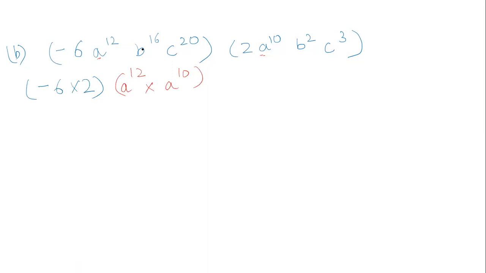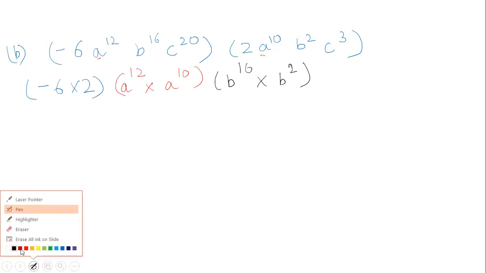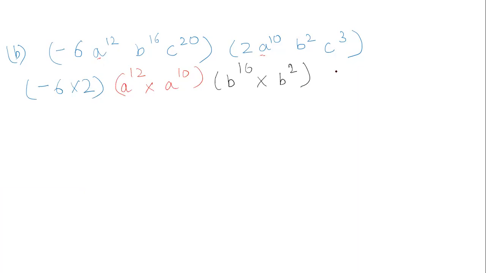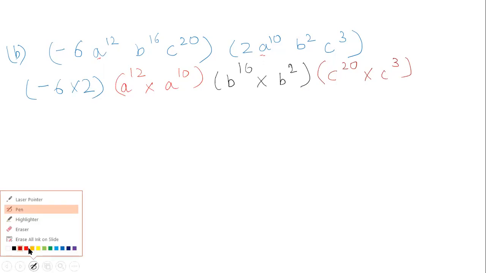Next is B16 into B2. Next is C20 into C3. So the same law applies here कि देखिए -6 into 2 आपको पता है -12 होता है. So we are going to write -12 here.